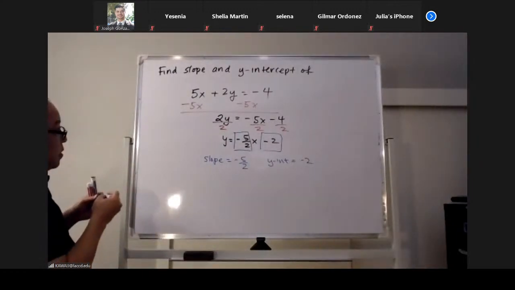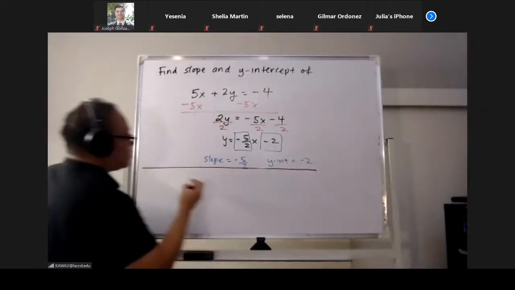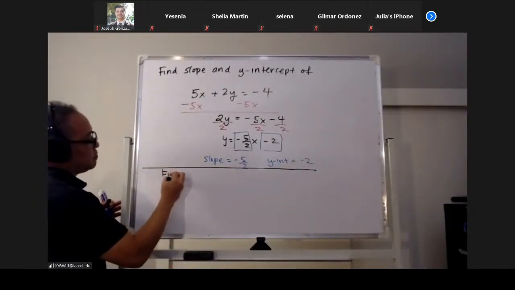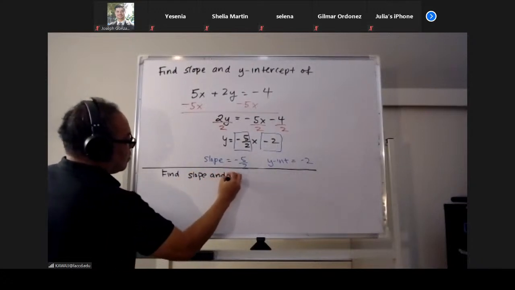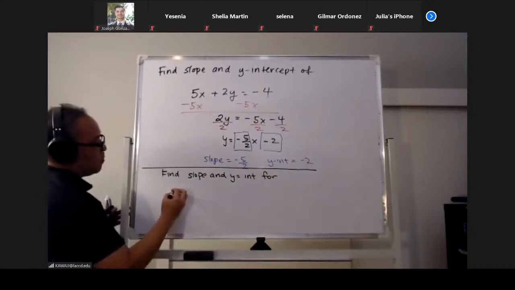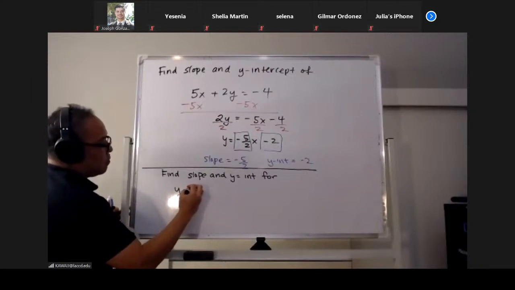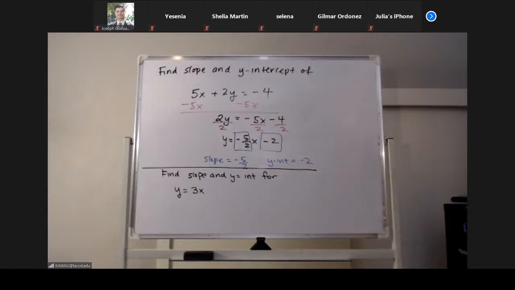Okay. Now let's do the same for this. Okay, so it's already in slope-intercept form.